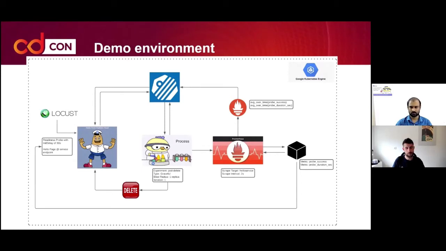And for the purpose of this demonstration, we're going to make use of the pod delete experiment, which is traditionally the hello world test in the chaos engineering world. So we create a graceful pod delete of the potato head service. And we're basically going to restrict our blast radius to a single replica. So we're going to just kill one replica just once.